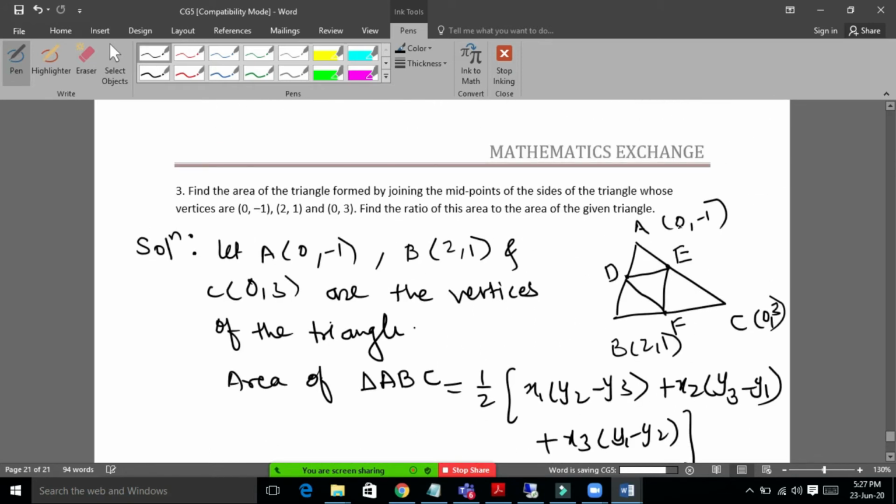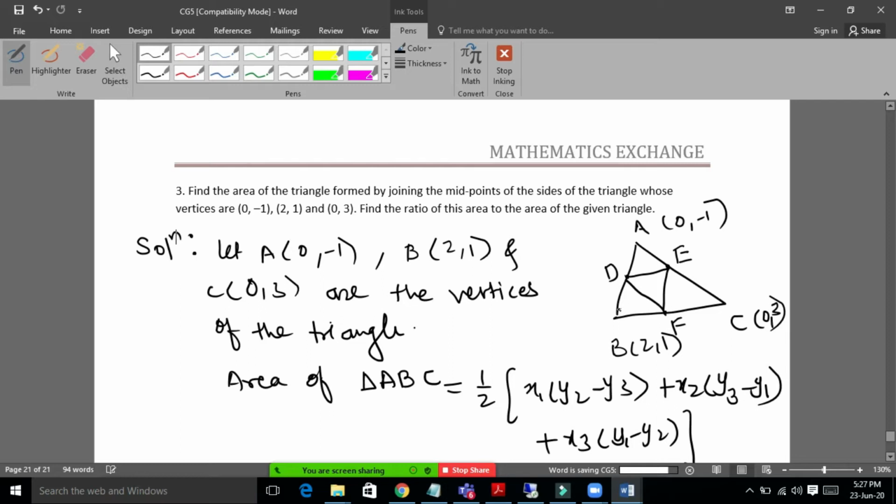So D is the midpoint of AB, so we go by the midpoint formula to find the coordinates of D, E and F, and after getting the coordinates of the points D, E, F, we find the area of triangle DEF.